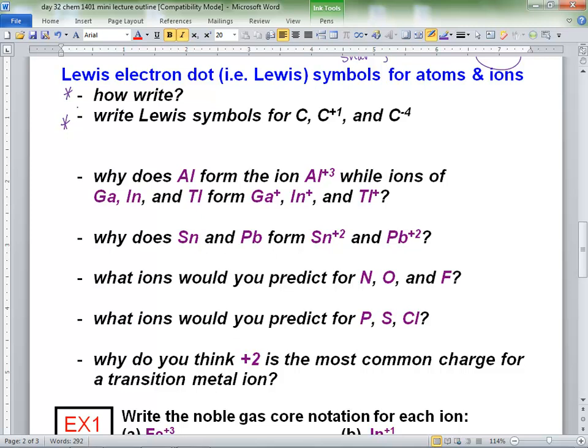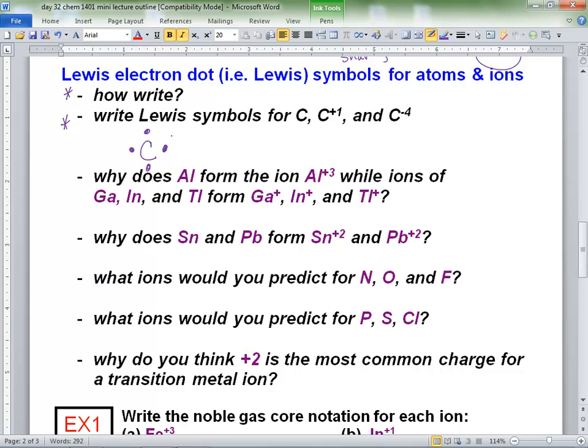Anybody help them? Write a C with 4 dots, because carbon has how many valence electrons? 4. And you just look at the periodic table to figure it out. Right? Carbon has 4 valence electrons.